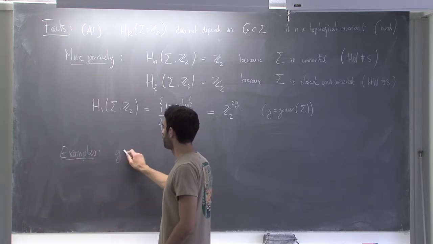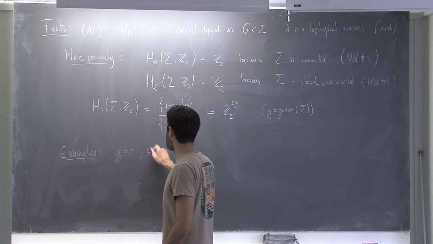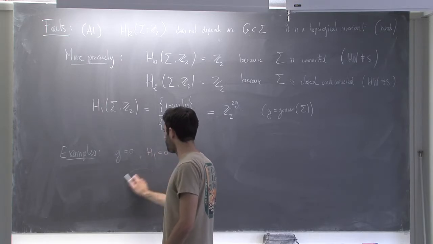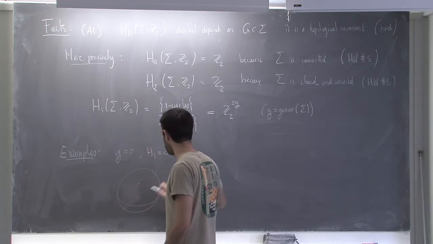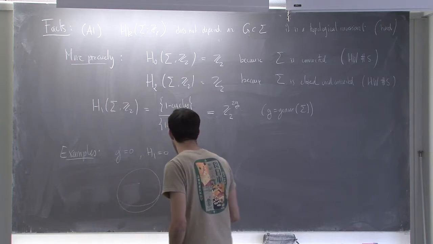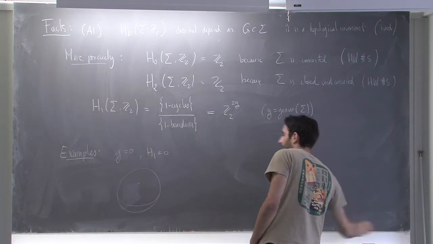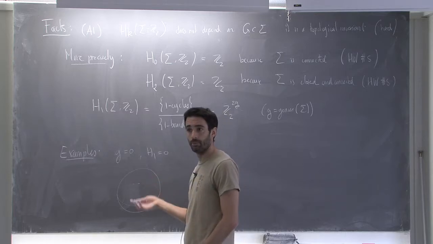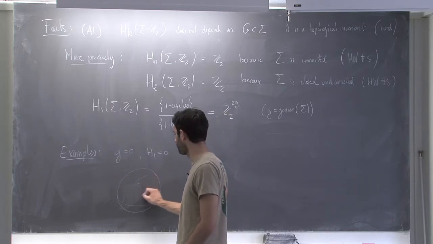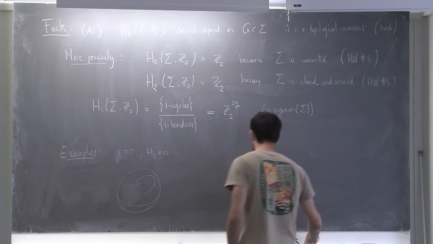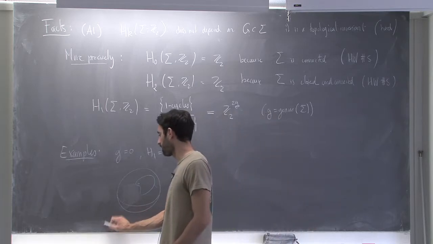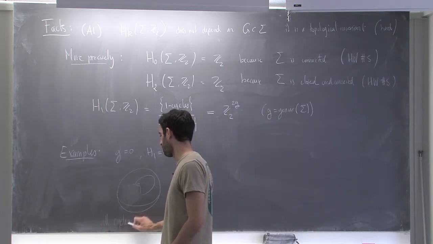So G equals 0. It means that H1 is equal to 0. And this is simply telling you the fact that on a sphere, whenever you have a cycle, it bounds. Okay? All cycles bound.